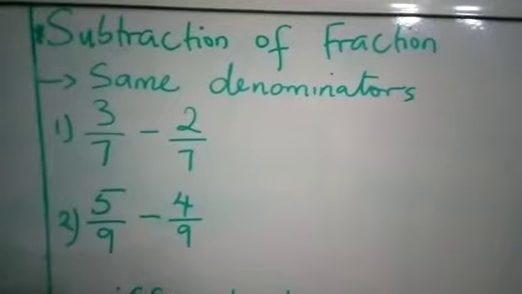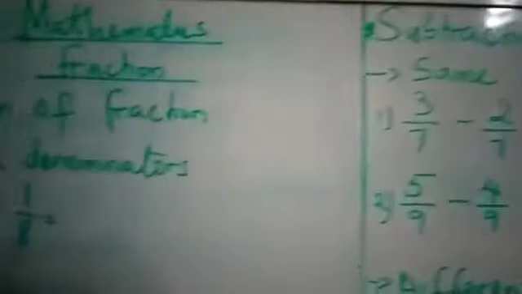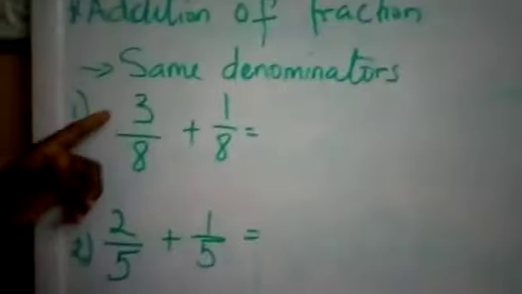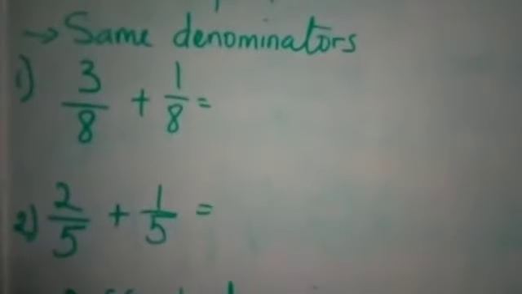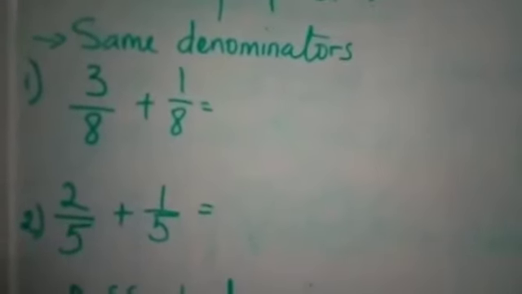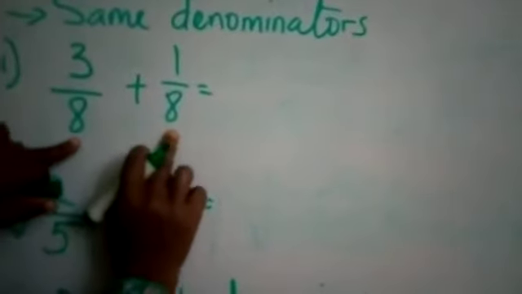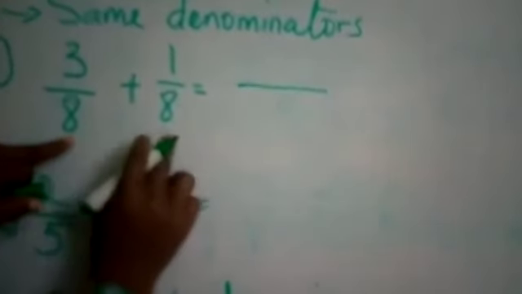Let's get started. All right, the first example here we have is 3 over 8 and 1 over 8, adding 3 over 8 and 1 over 8. Here we can see that the denominators are the same, so it is easy.